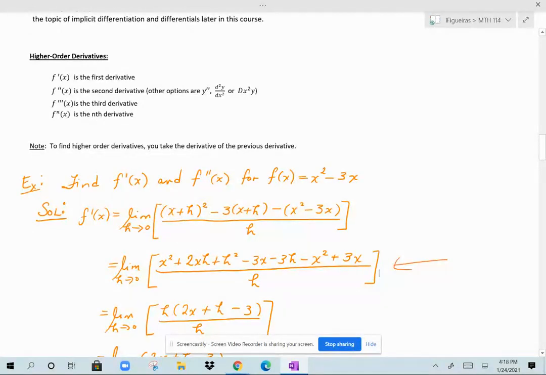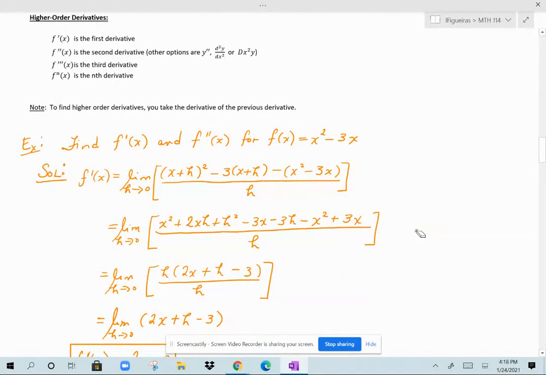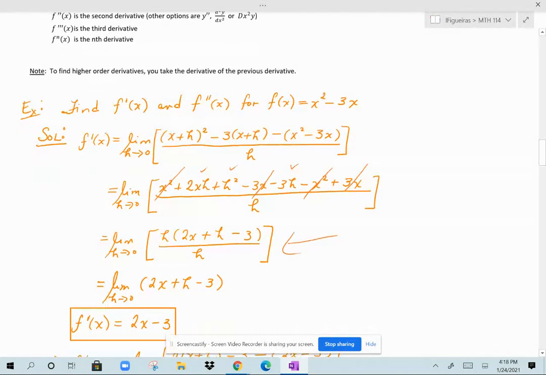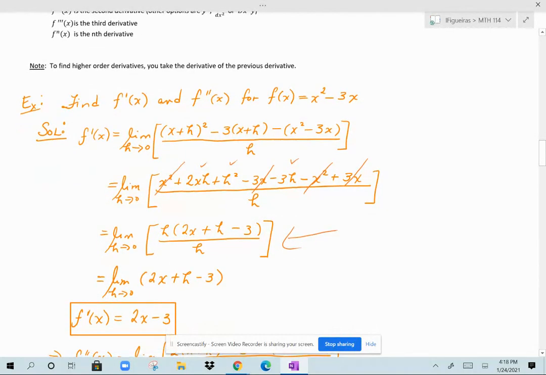When all of that is done, several things cancel in the numerator. The x squareds cancel, the 3x's cancel, and I'm left with 3 terms with h's in them. And so I could factor that out. When I factor that out, I'm left with h times (2x plus h minus 3) all over h.